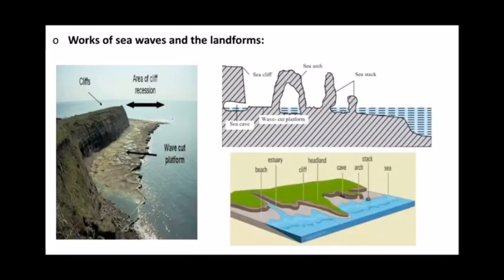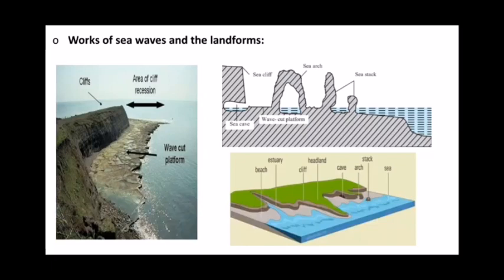Next, we will see the works of sea waves and the landforms that they create. In the coastal areas, sea waves carry out three main things: erosion, deposition, and transportation. Winds and tides cause the movement of sea water.